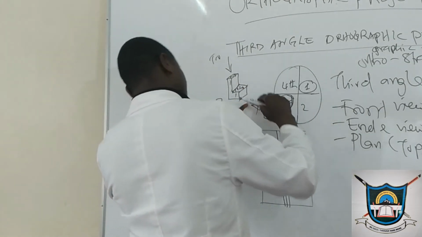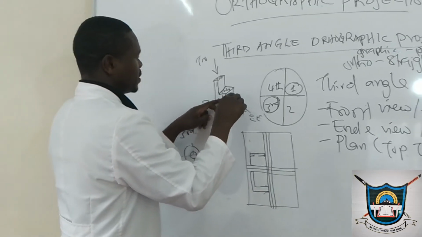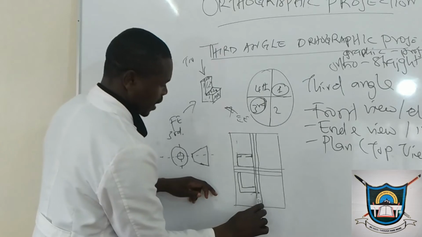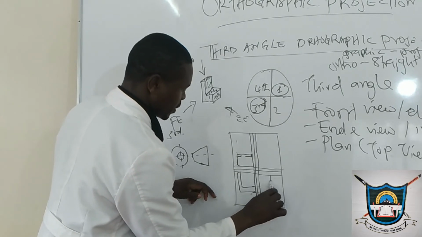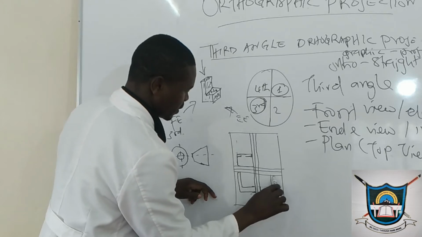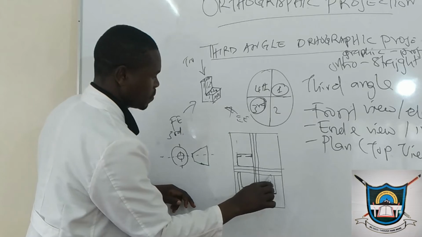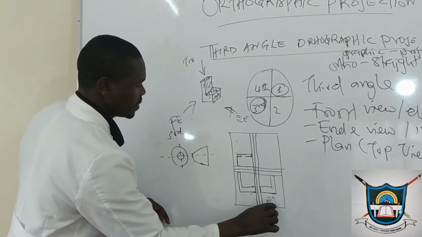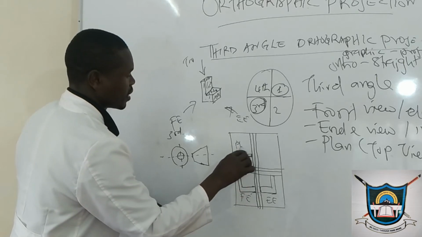So I'm on this side, I draw it on this side. Again, I see this face and this face, so I project everything. So that is my view. This is my end elevation, my front elevation. This will be my plan.